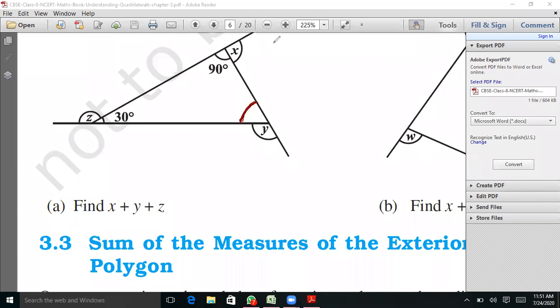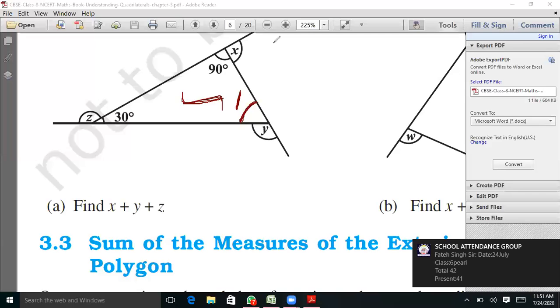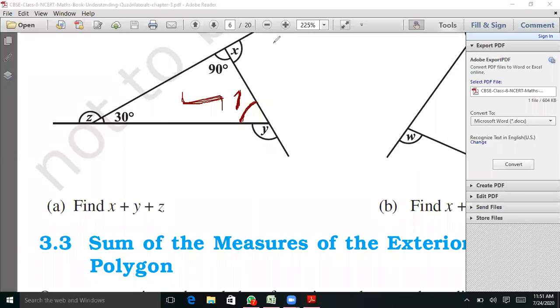So, here we have given a triangle now, right? What is given here? Triangle. In a triangle we will use the triangle angle sum property. So, if I call this angle 1, firstly I need angle 1. How to find out this angle 1? By using the angle sum property. Angle 1 plus 30 degree plus 90 degree is equal to 180 degree.